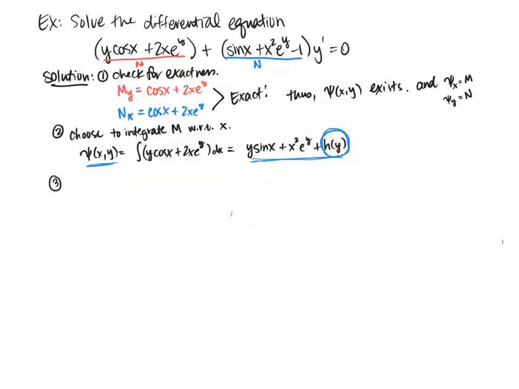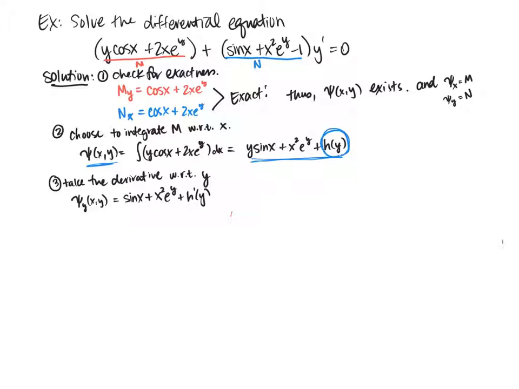So what I'm going to do in this third step is take the partial derivative with respect to y now. So the derivative of psi with respect to y is going to be equal to sine x plus x squared e to the y plus h prime of y. So I just took the derivative with respect to y of the thing I had up there.